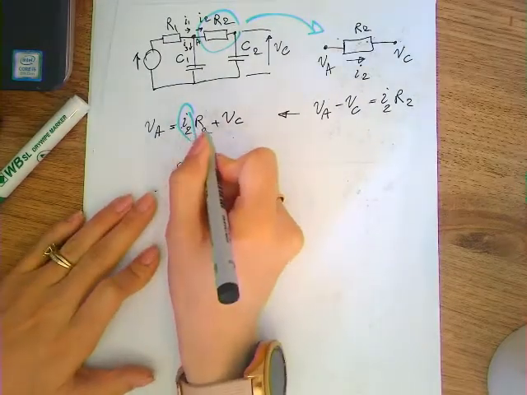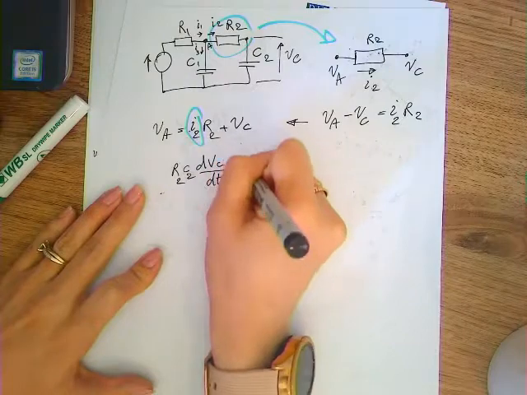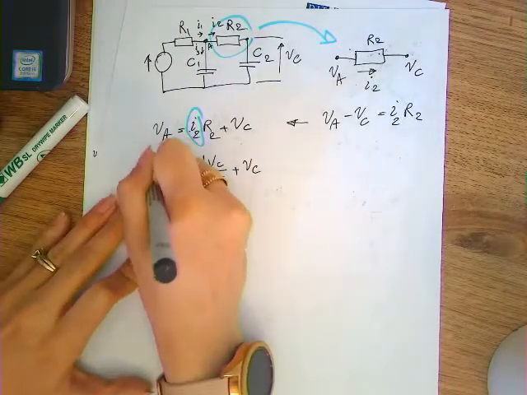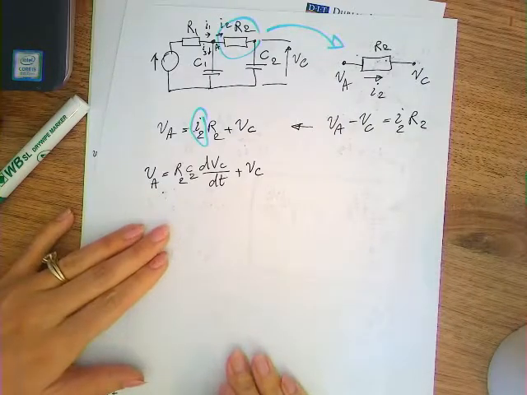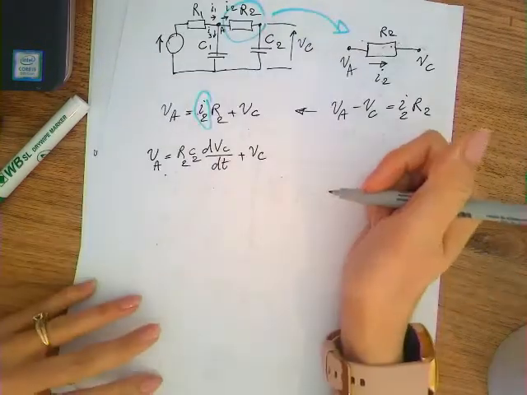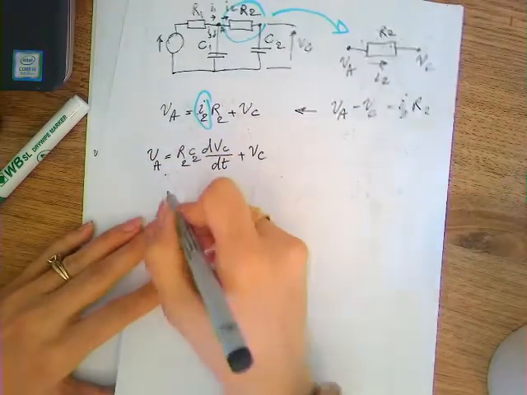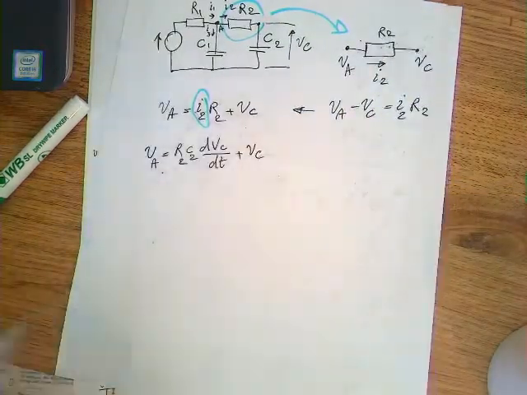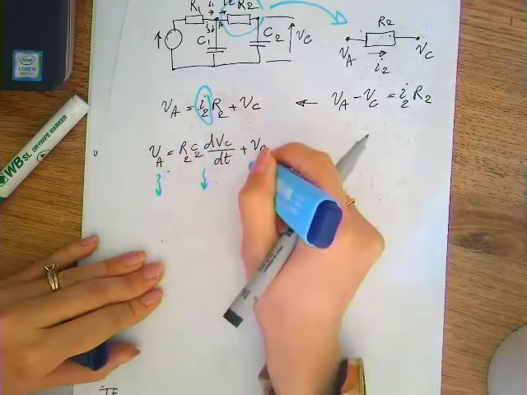And I'm going to keep the R2 because it's a constant. And that would be one step closer. Now I'm going to take the derivative of both sides, the derivative of each term.